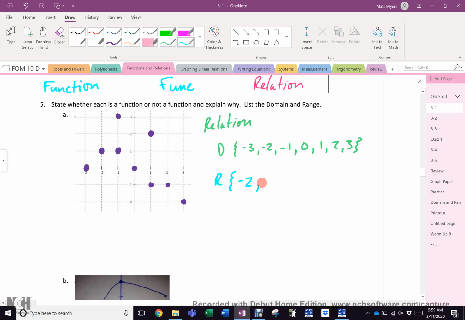And then we go on. -1, 0, 1, 2, 3. Please notice we have less range values than we do domain values. Is that okay? Yes, because we're only listing the elements of the set. Everybody cool? All right. So let's look at the next one.